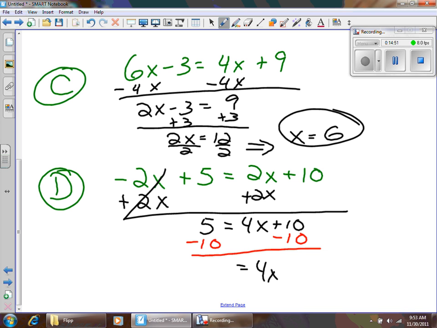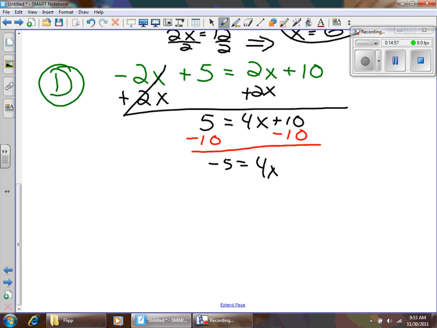Well, let's see, 10 minus 5 is 5, so 5 minus 10 must be negative 5. All right, now I need to divide by 4 on each side. And so x is going to equal negative 5/4, which is the same as negative 1 1/4. It's also the same as negative 1 25/100. Any one of those answers is acceptable.